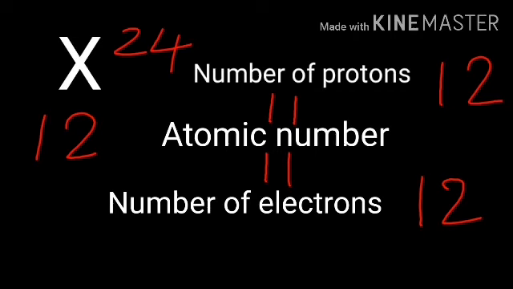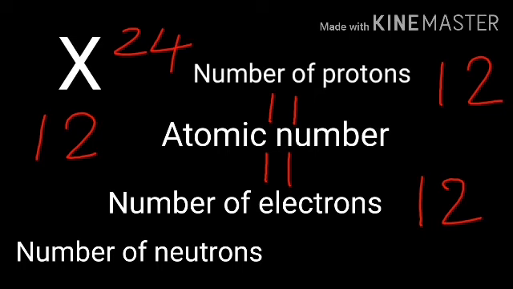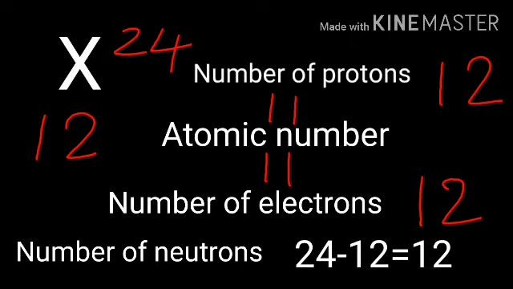Then in the question, the mass number and atomic number are both given. Mass number is 24. So we can find the number of neutrons: 24 minus 12, that is equal to 12. So the number of neutrons is 12. Is it clear?